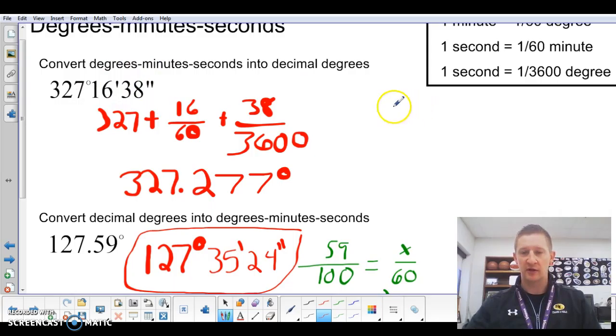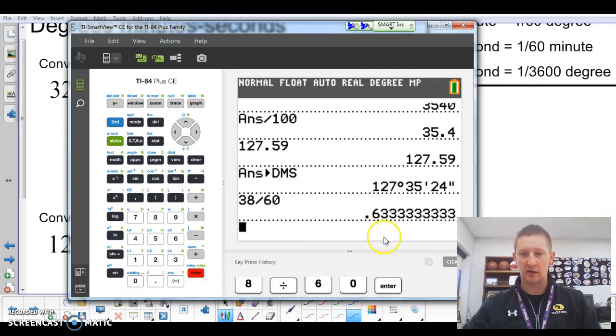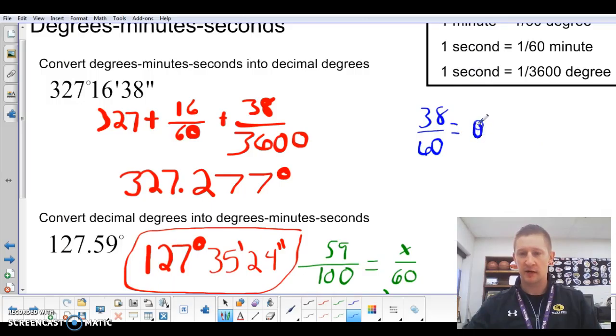So I'd have 38 divided by 60, because it's a 60th of a minute. We'll just figure that out real quick. We get 0.63 repeating.